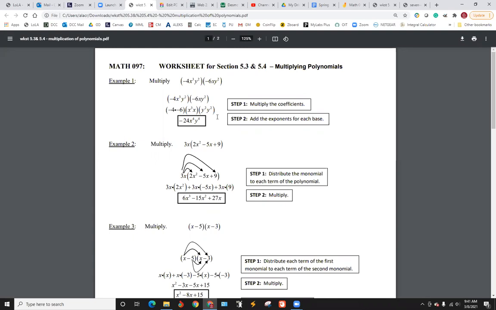Negative 4x cubed y squared, that first term, those things are all being multiplied together. A variable sitting next to a number like that just means you've got negative 4x cubed, and there's also a y squared.